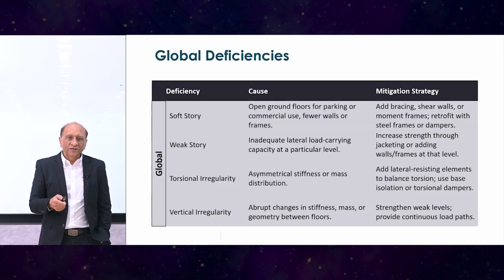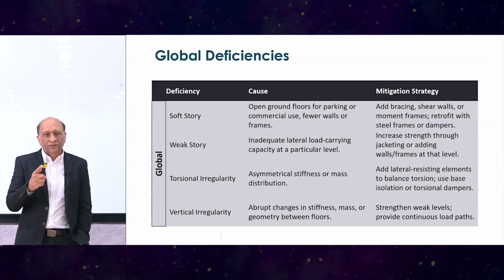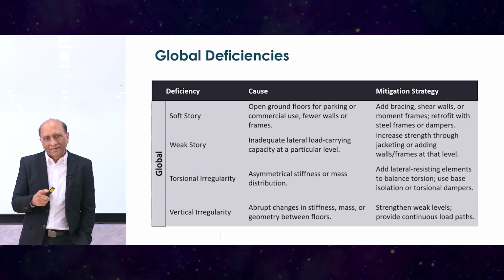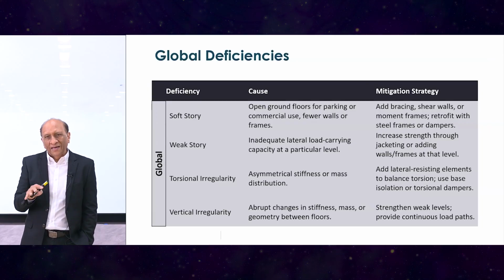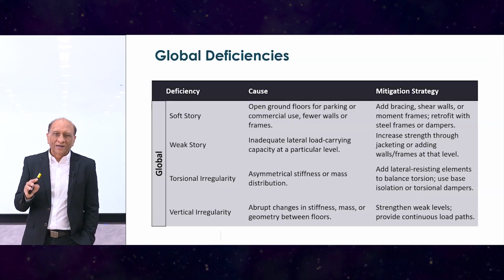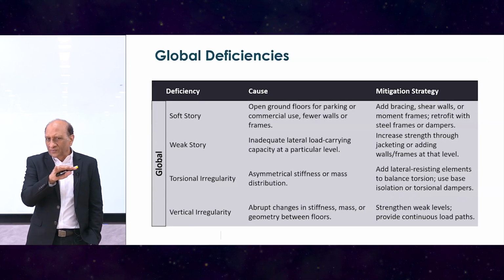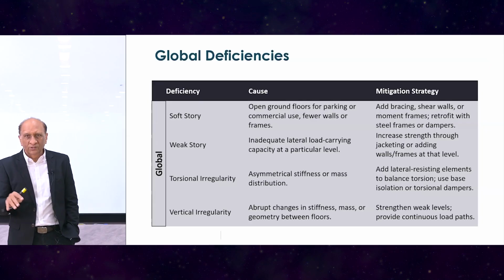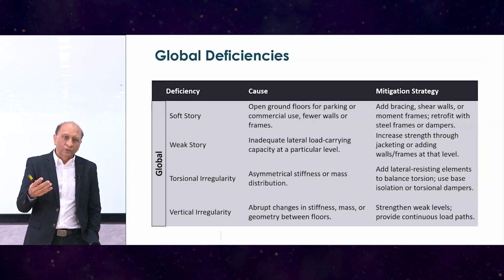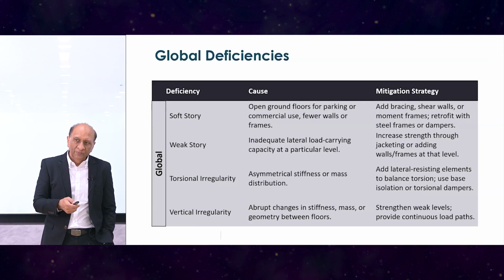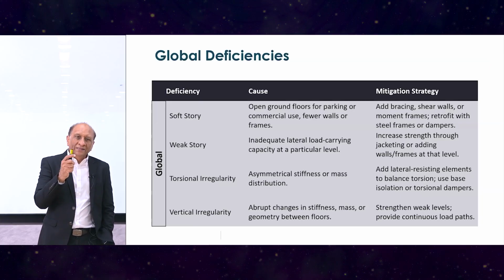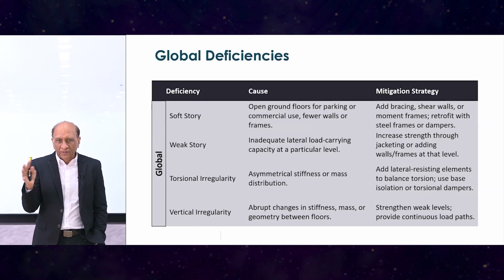So global deficiencies, for example, soft story, weak story, torsional irregularity, vertical irregularity, we can look at all of them by adding mitigation strategies like bracing, jacketing, adding more resisting elements. So this table, I don't need to repeat what's written here. You can look at it later when we share this video. You can see that soft story, we can fix like that.